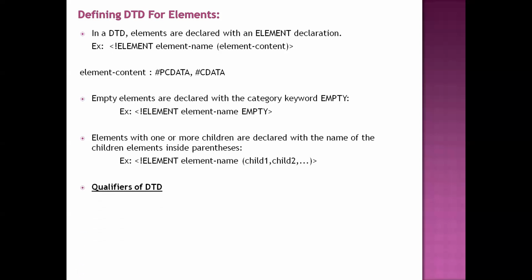Now, next: sometimes in some applications and XML documents, a single XML element contains an element that is repeated multiple times. In that case, instead of declaring that element multiple times in the DTD, we can specify how many times that particular element occurs in the XML document by using qualifiers.